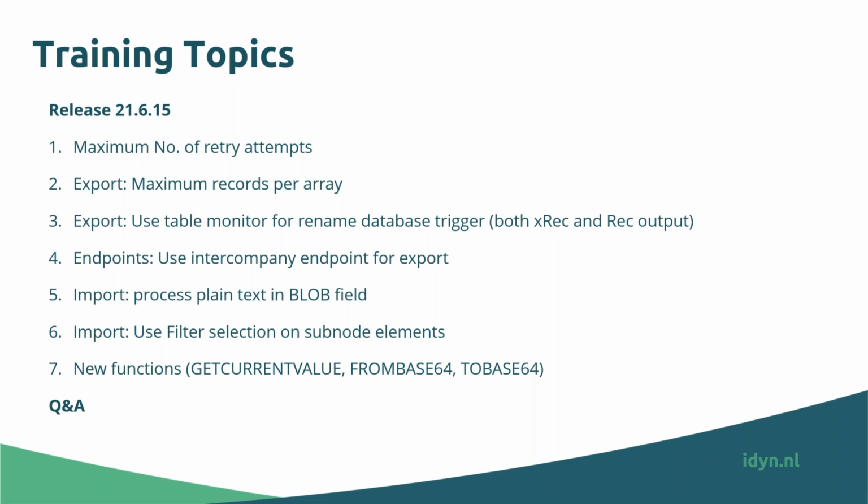Previously, we only supported filtering on the direct node for the data item that we defined, but we now also allow to filter on the subnodes. And the last part before we start some Q&A, we also have some new functions that I will briefly show you. The get current value is mainly focused on import, and from and to base64 are for conversions from and to base64 strings.